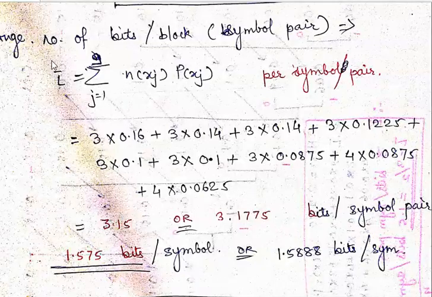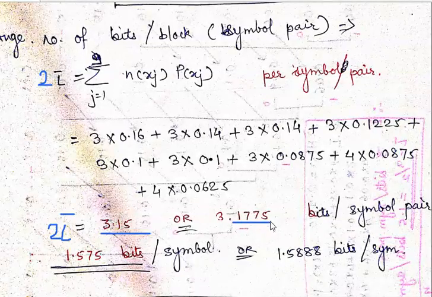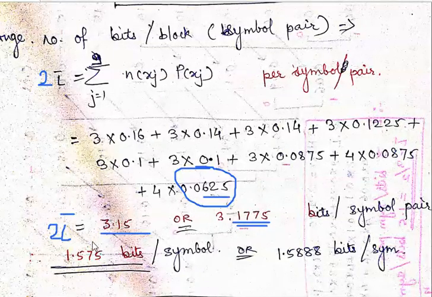So whatever value we are getting, 2 L bar is equal to 3.15. Sometimes with digit modification, one may write it with 4 digits, or as 3.15 or 3.17. If we go for 3.15, only for 2-decimal calculation, it will be 1.575. So for L bar, remember, this is for L bar.